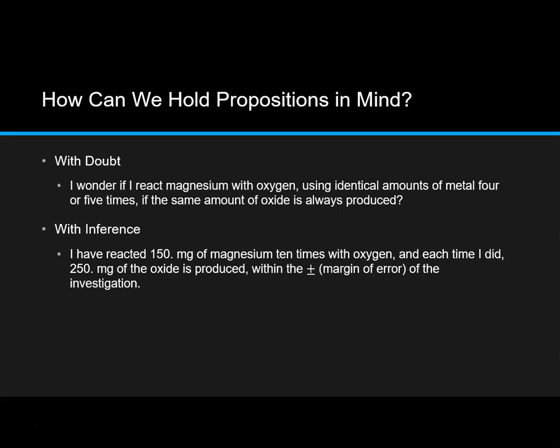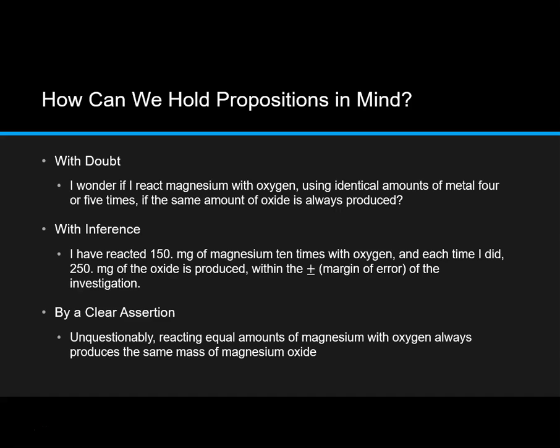I have reacted 150 milligrams of magnesium 10 times with oxygen, and each time I did, 250 milligrams of the oxide is produced within the margin of error of the investigation. Or by a clear assertion. Unquestionably, reacting equal amounts of magnesium with oxygen always produces the same mass of magnesium oxide, and you might even add within the margin of error.